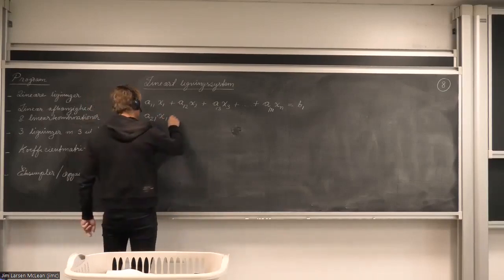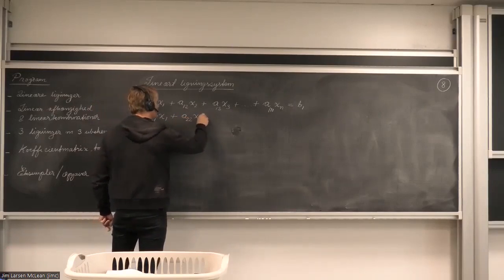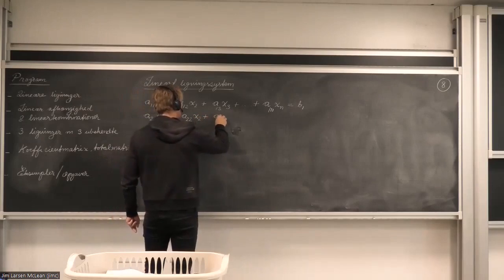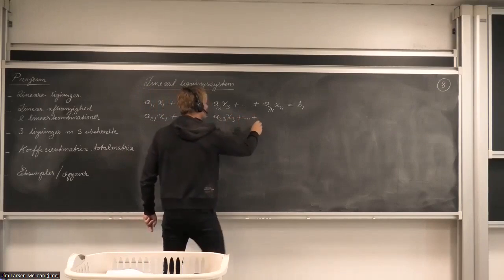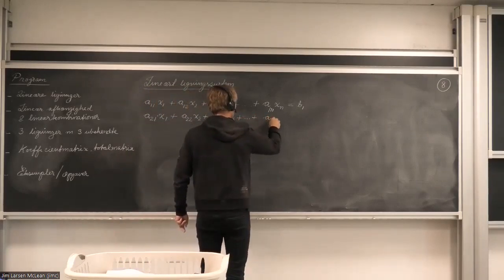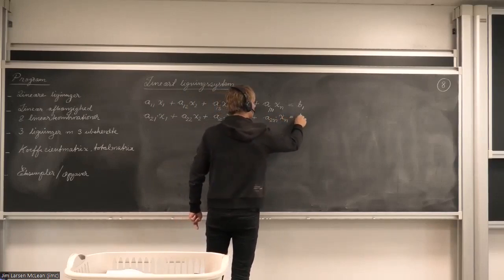Then I have a new coefficient, second row, second column, and it continues like this. Second row, third column, plus, and so on, plus second row, last column, multiplied by the last unknown should equal b2.